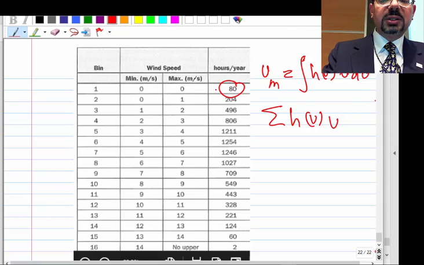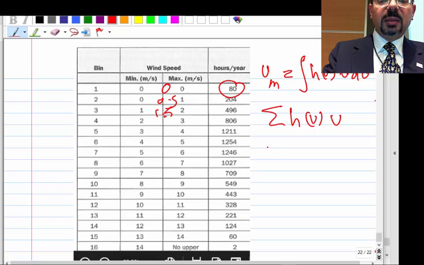So what is this hV? That's the number of hours multiplied by the velocity in each bin. Okay, so from 0 to 1, what's the velocity? 0.5. From 1 to 2, what's the velocity? 1.5.